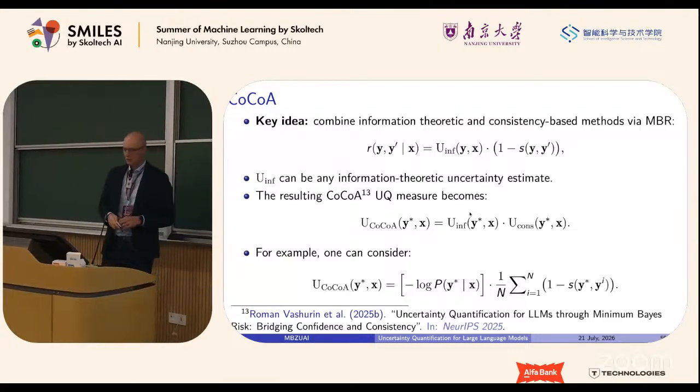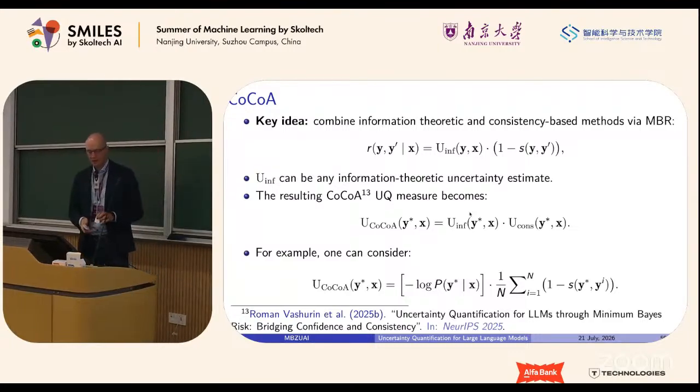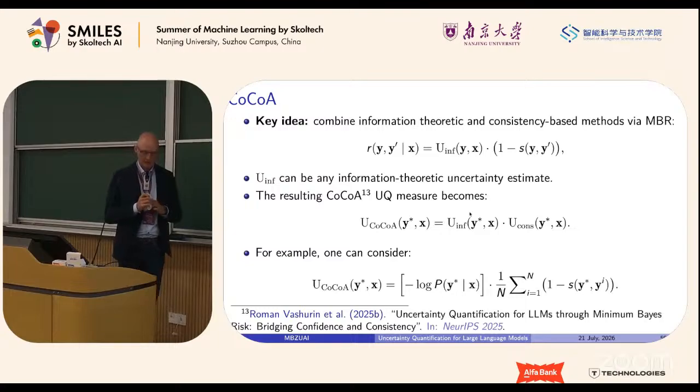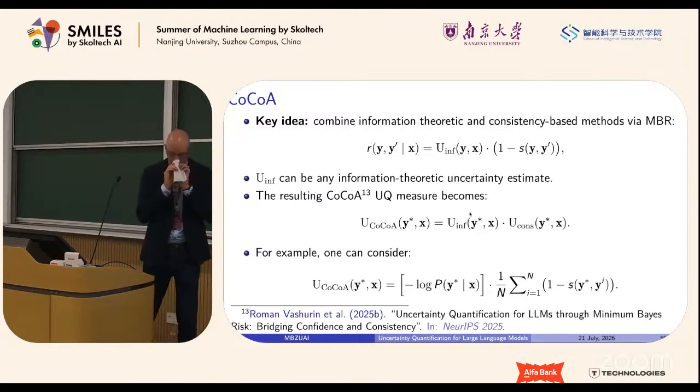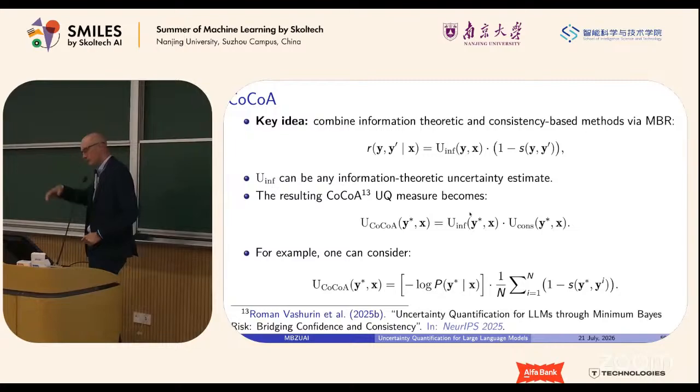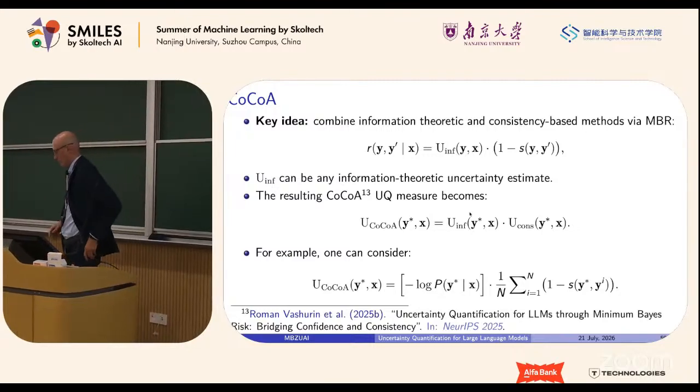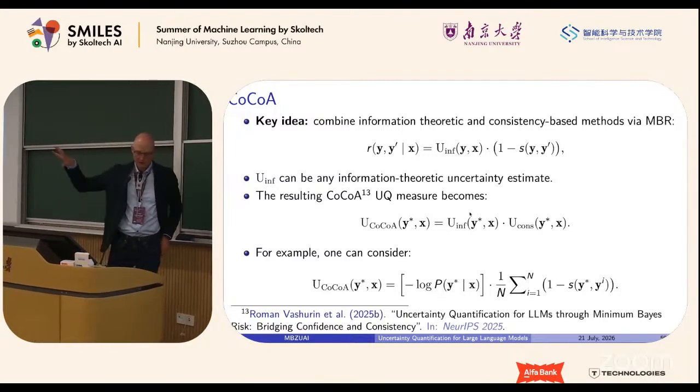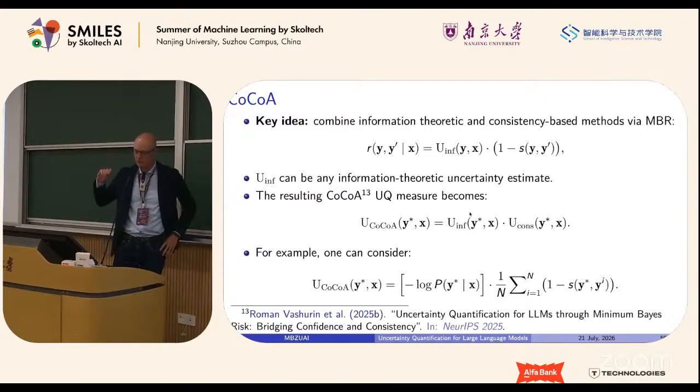The consistency-based score is computed through the similarity of the generation that we show to the user compared to the other samples that we have during generation.